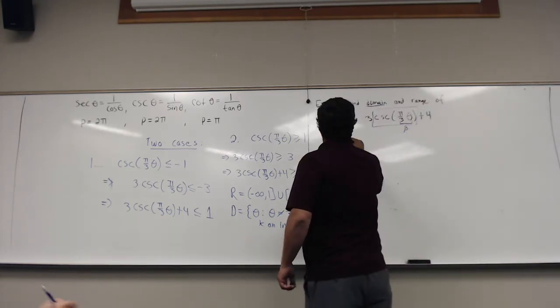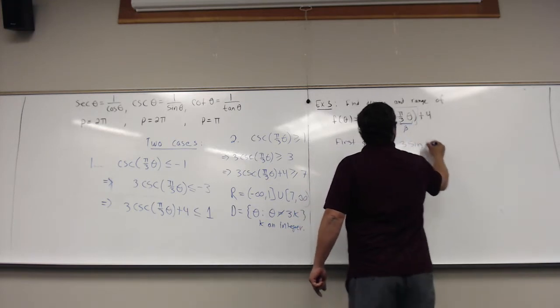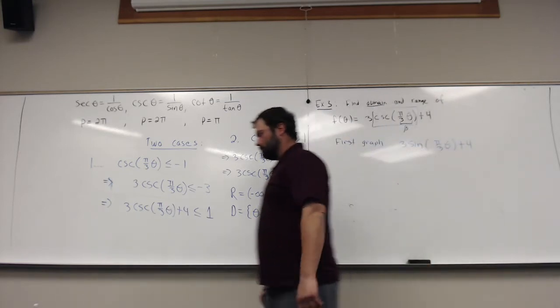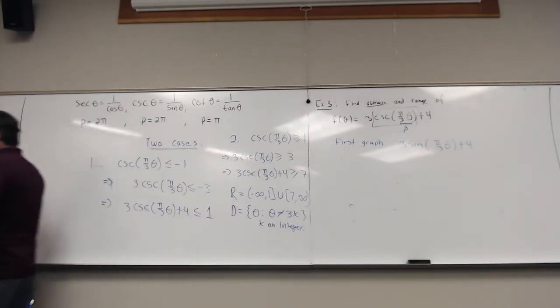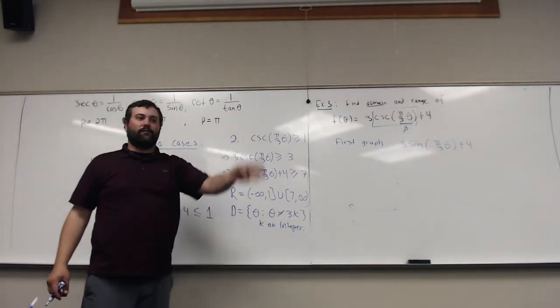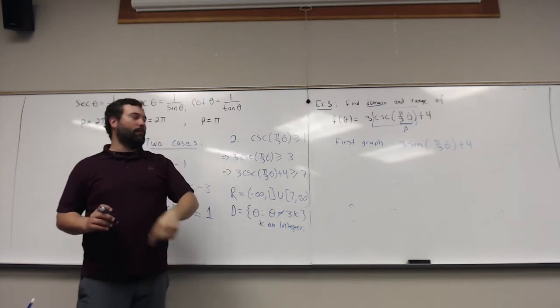So we first graph 3 sine pi thirds theta plus 4. And then anywhere that graph crosses its middle values you're going to have vertical asymptotes, and then you always curl upward from a max and downward from a min.